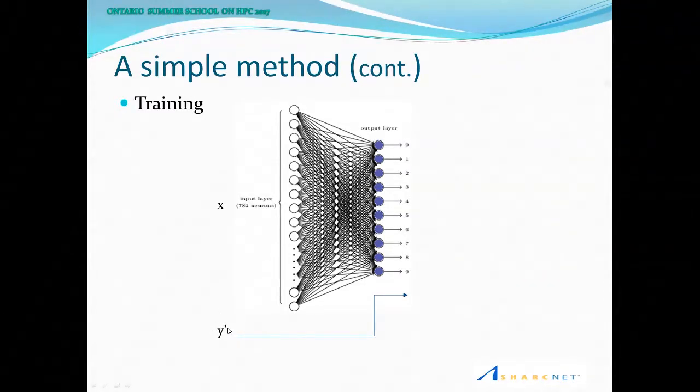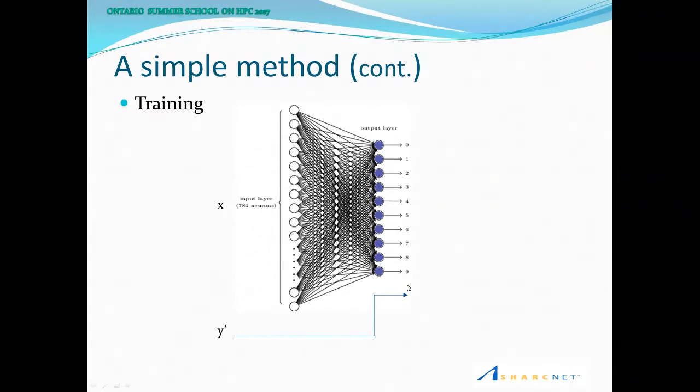Y prime is the label of the sample image. So X and Y prime are a pair. X is the 28 by 28 image, Y prime is the label, and we want to train the neural network to make its output match the true label.